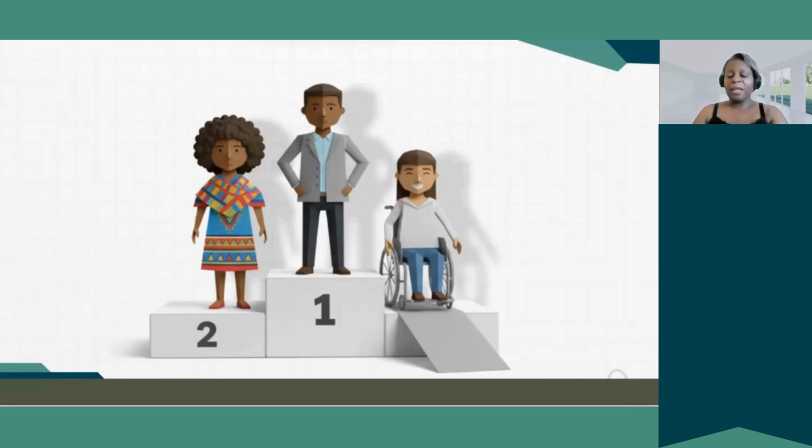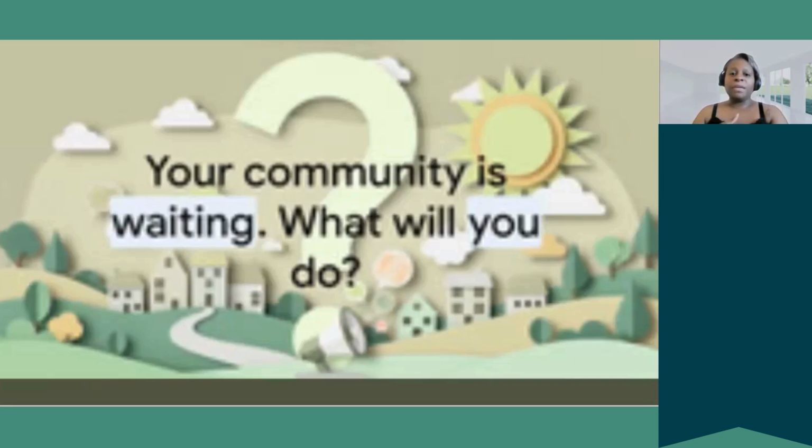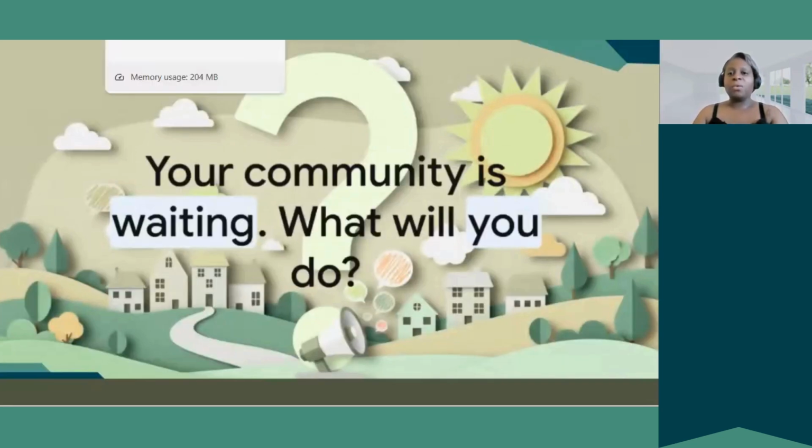So this is the overall training, and it really gives you that starter kit on what to do to be able to get your campaign going and how you can conduct a campaign. We still have a few more modules left, but hopefully this gives you enough to understand whether you're really interested in doing this.